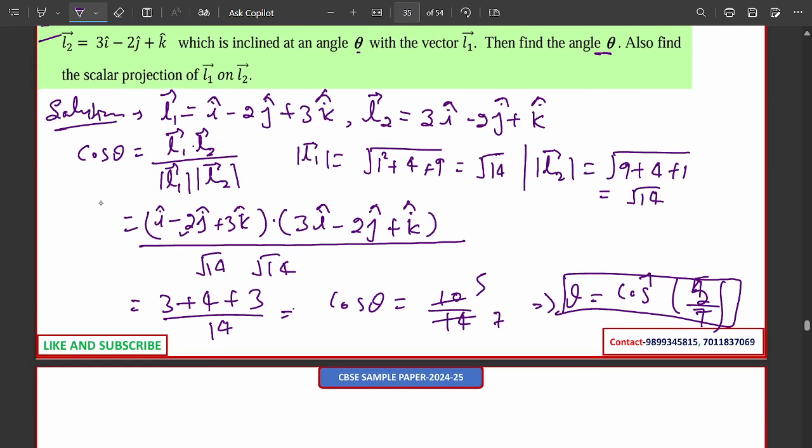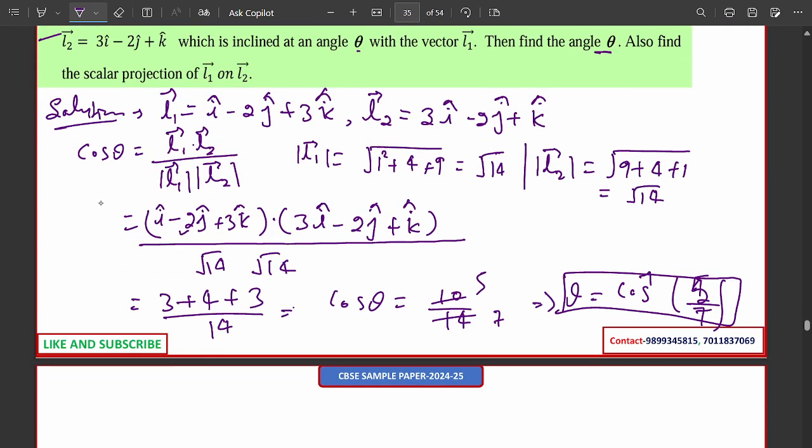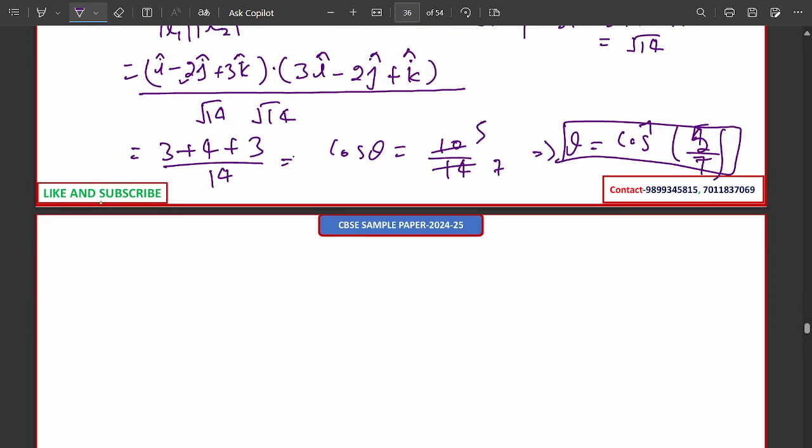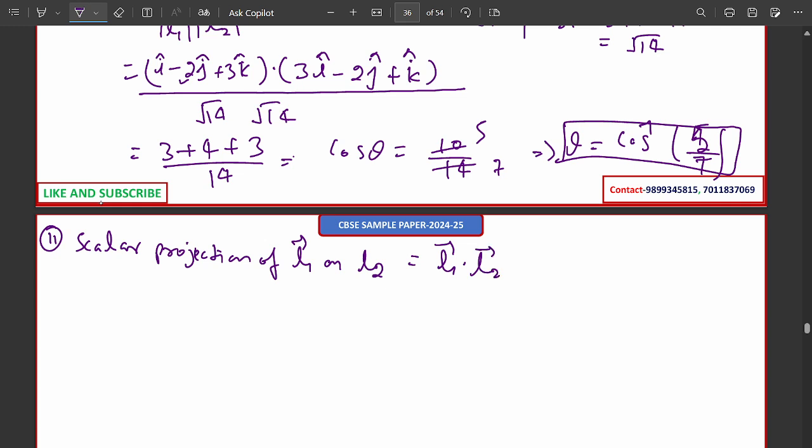Now the second part is to find the scalar projection of L1 on L2. The scalar projection of L1 vector on L2 is equal to L1 vector dot L2 vector over the magnitude of L2 vector.